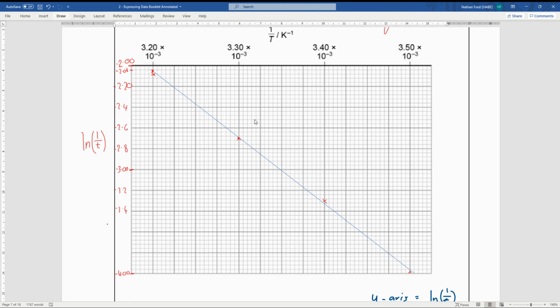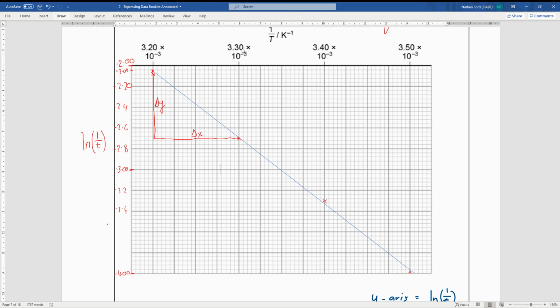Remember, gradient is how much it increases, the rate at how much it increases. So we need to find how much it increases in height compared to how much it goes across. So this is its change in y, and this is its change in x.